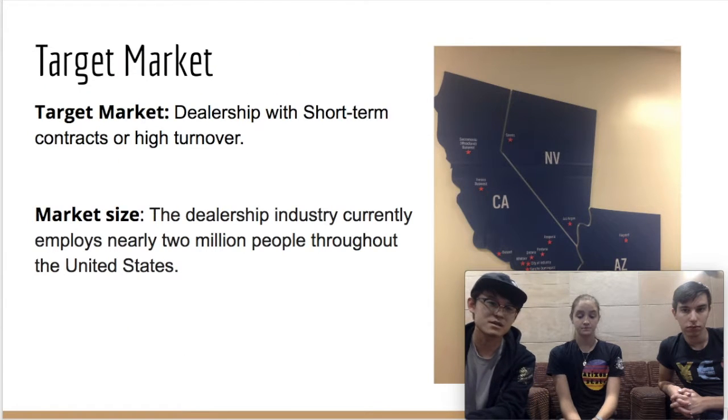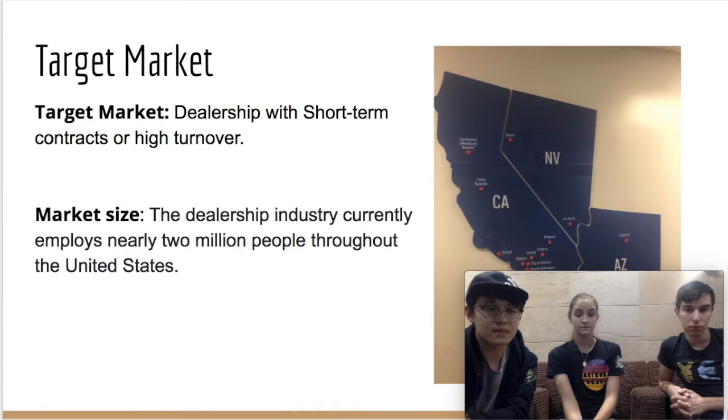For our target market, we're targeting dealerships with short-term contracts or high turnover rates, and our market size is pretty big because currently there are 2 million people working in the dealership industry.